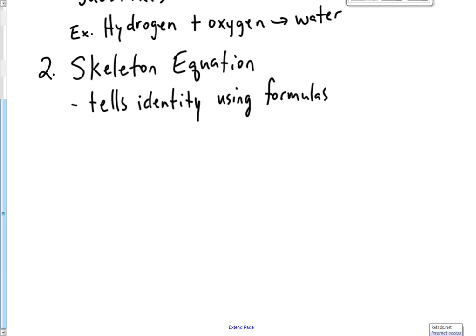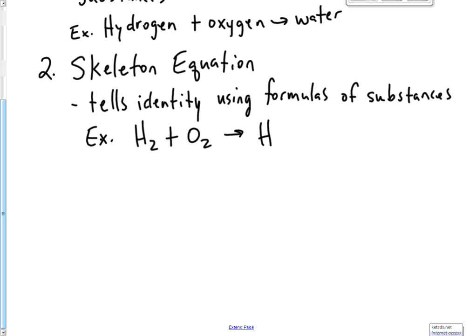In the last one, we just gave you the words and the names, and now we're actually going to give you the formulas of those substances. So if we're keeping with the water example, now you've got H2 plus O2 yields H2O. So we're getting a little bit more exact.